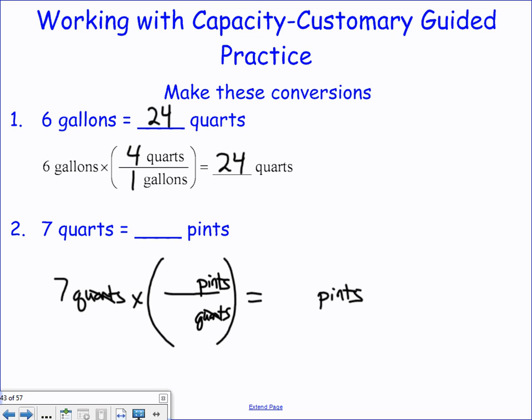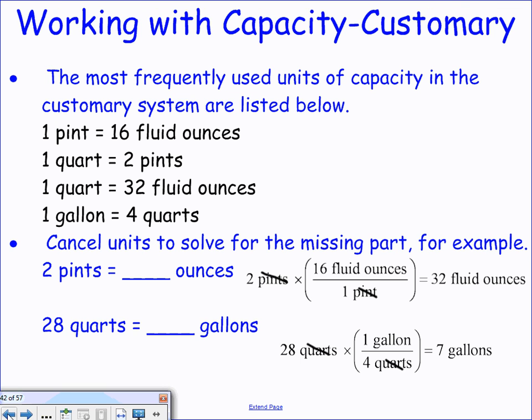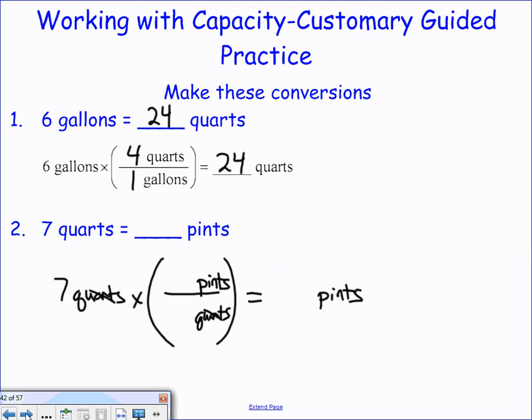So I'm going to go back and look at the relationship between quarts and pints, and I see that 1 quart is equal to 2 pints. So 1 quart, 2 pints, and 7 times 2 is 14. So we get 7 quarts equals 14 pints.